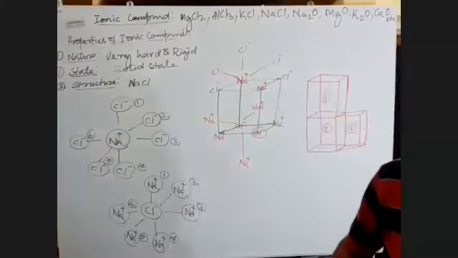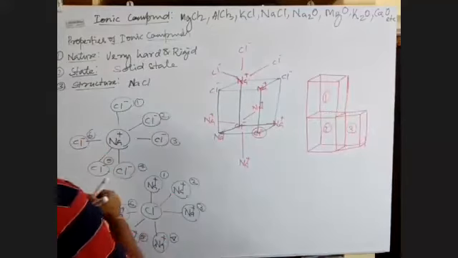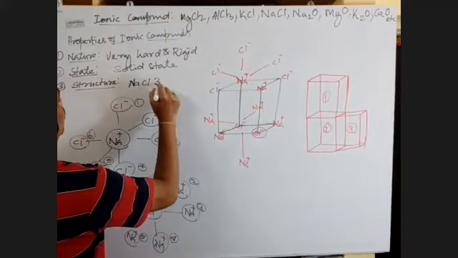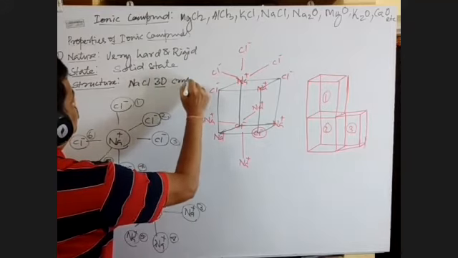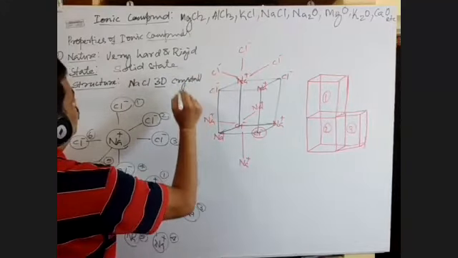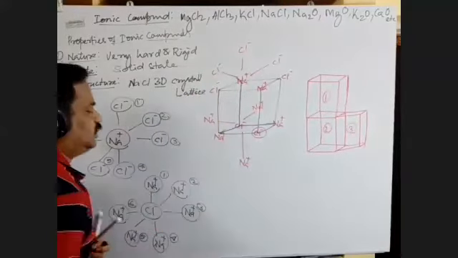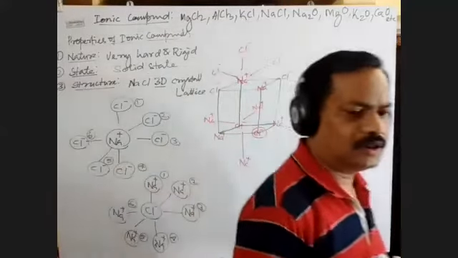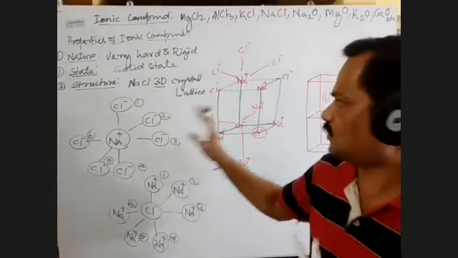That's the structure of all the ionic compounds: a three-dimensional crystal lattice. It will form a three-dimensional crystal lattice.